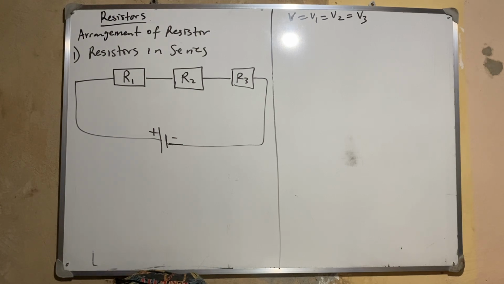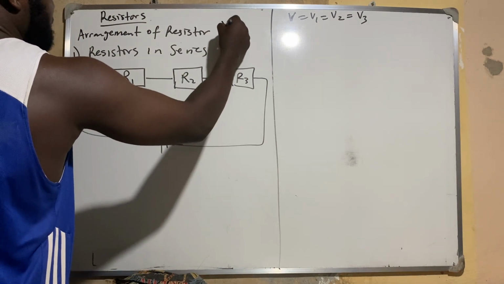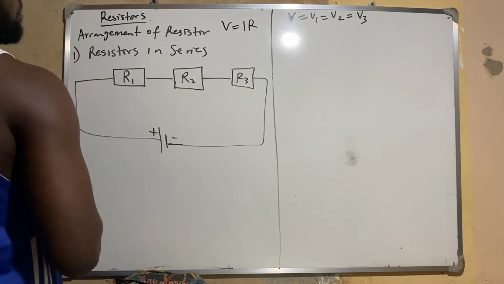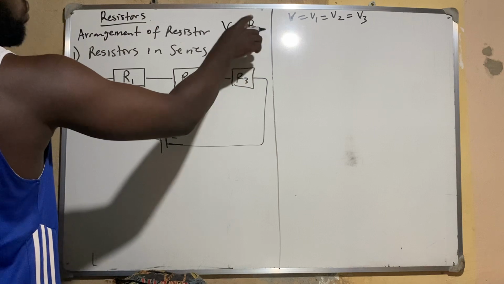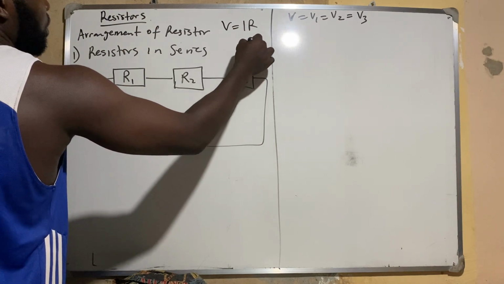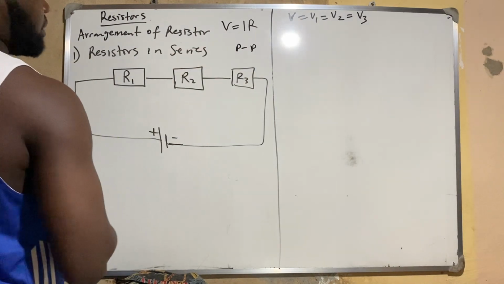Now, when you have resistors that are arranged in series like this, all right, don't forget what I said, that this formula is very important: V is equal to IR. It's very important. So what I consider is either current or voltage, and I said P to P. What's the meaning of P to P? That in parallel arrangement, the potential differences are the same.